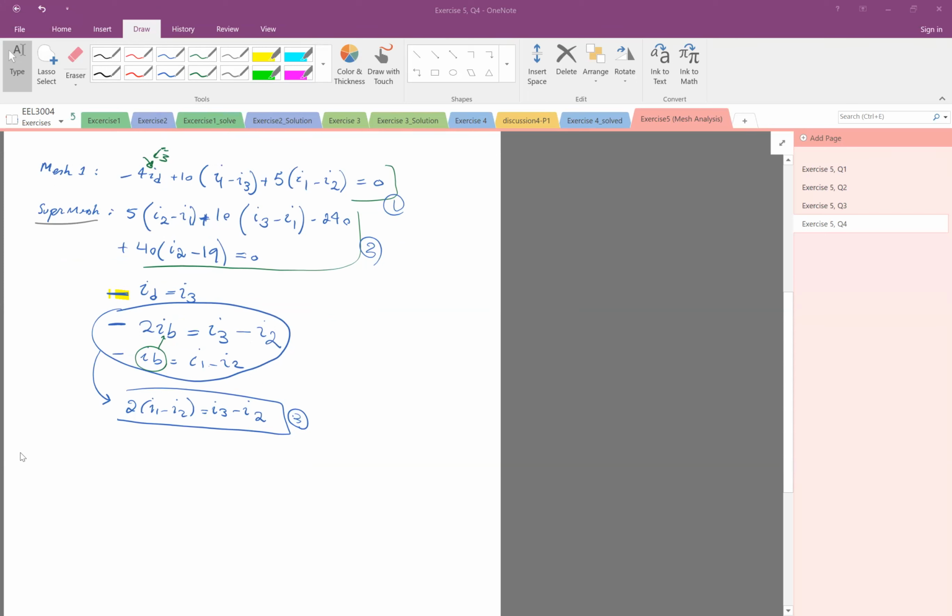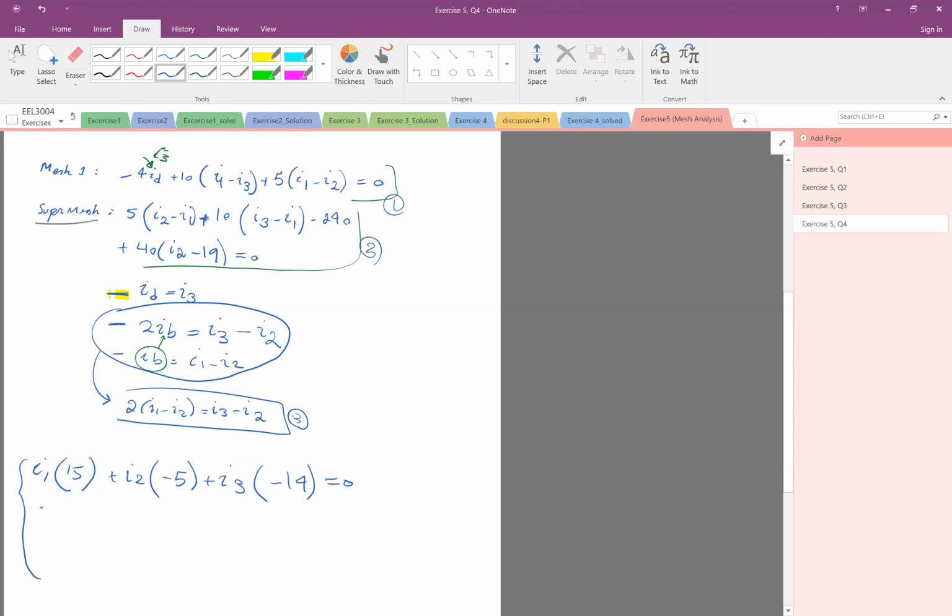Now let me arrange these equations, 1, 2, and 3, and then we'll put it in a matrix format. From the first equation, we have 5I1 and 10I1, so 15 I1, plus I2 times -5, plus I3 times, for I3, I have a -10 and -4, -14, equal to 0. So that's my first equation.